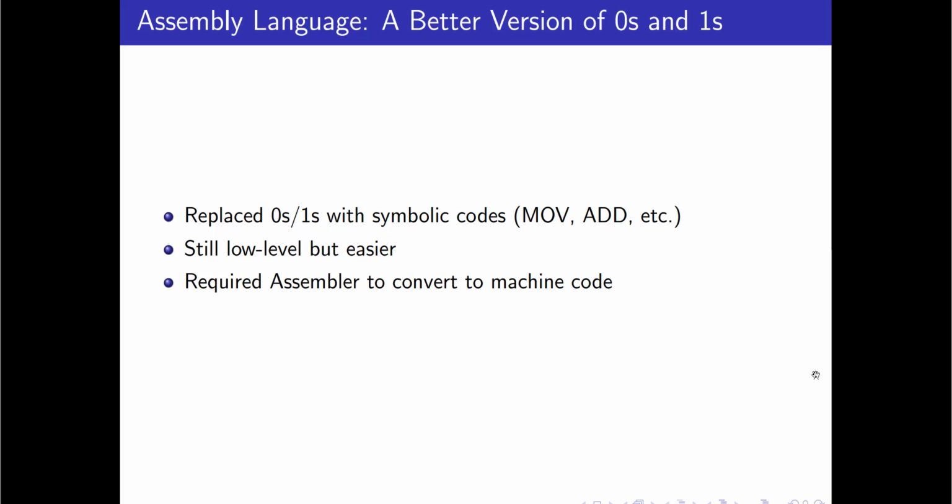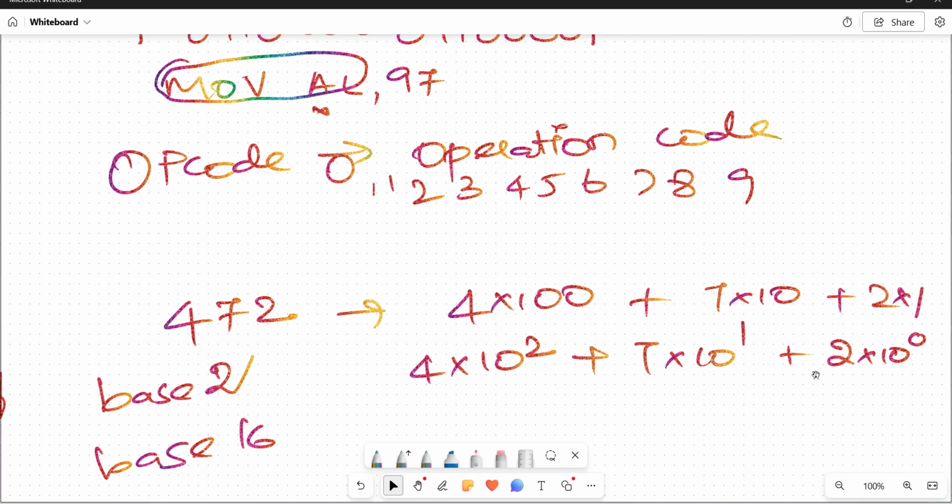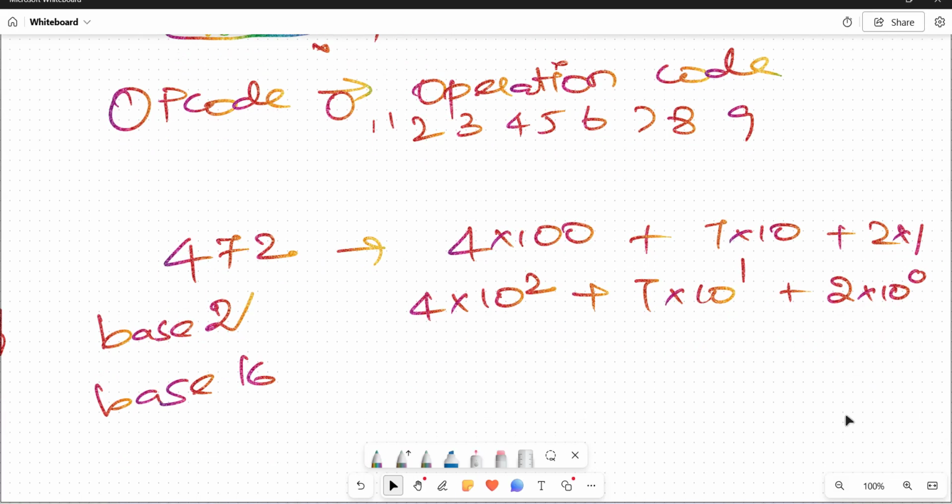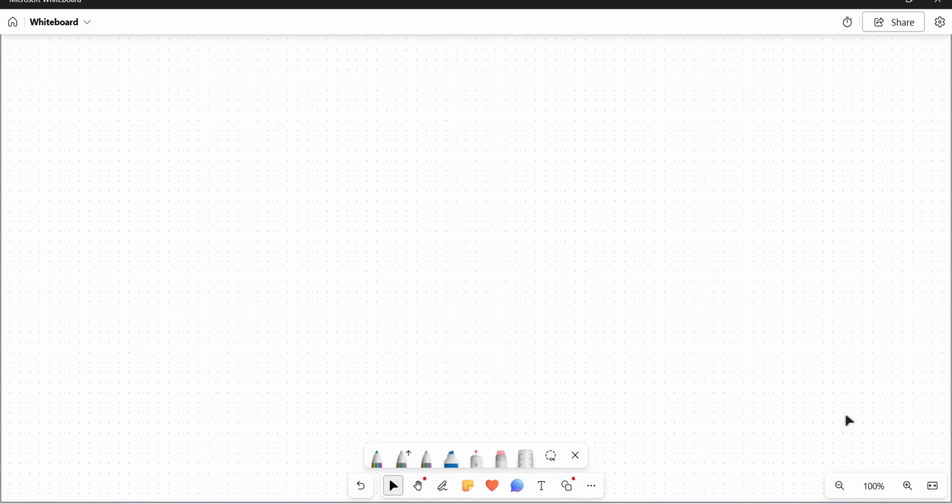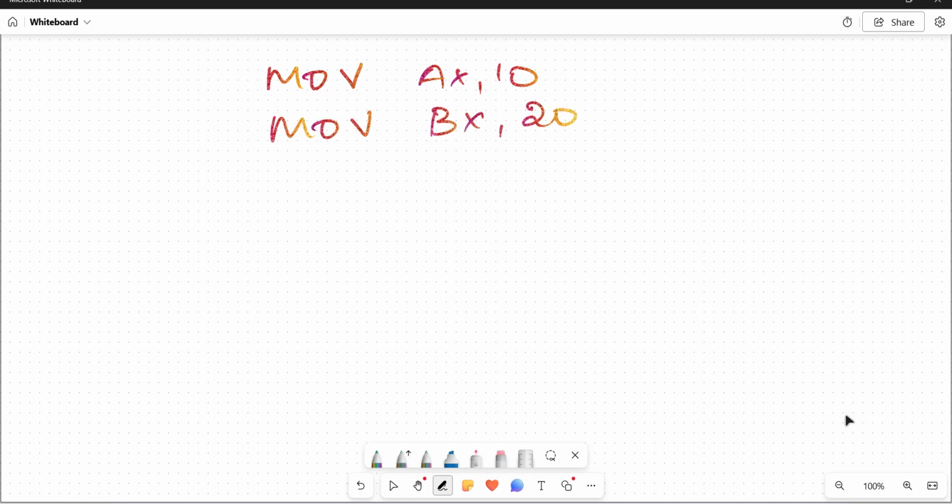And some statements like MOV AX, 10. So what it means is load the value 10 into the AX register, and MOV BX, 20, which means load 20 into BX.